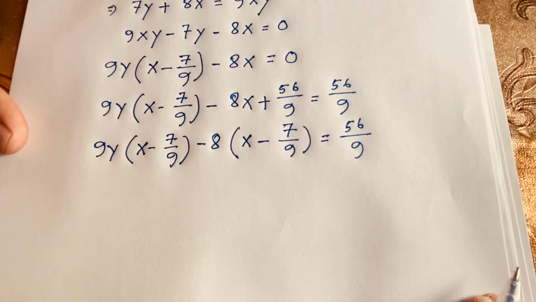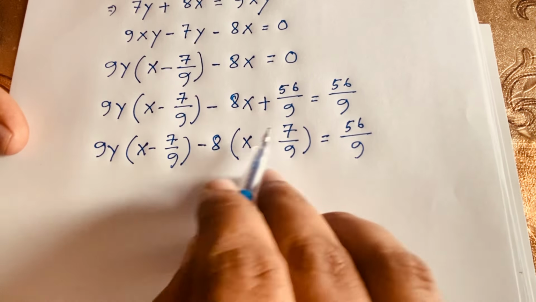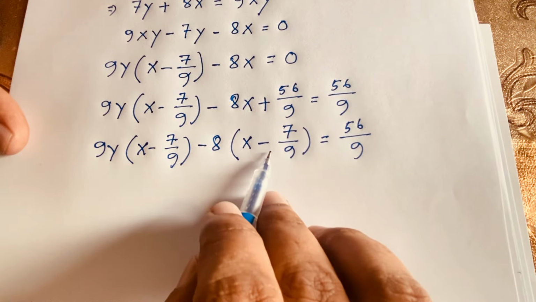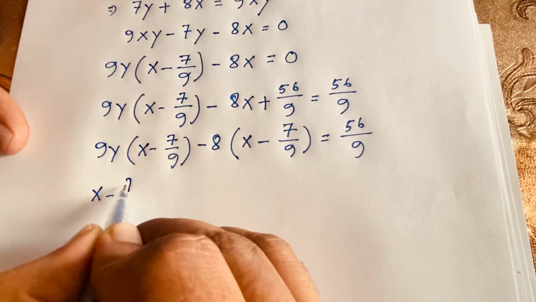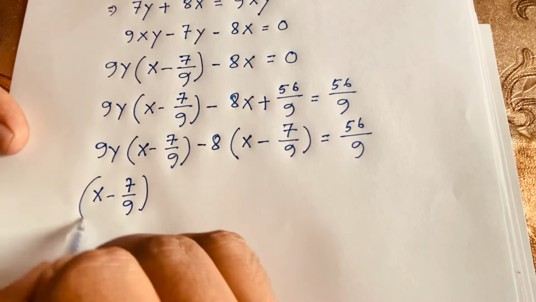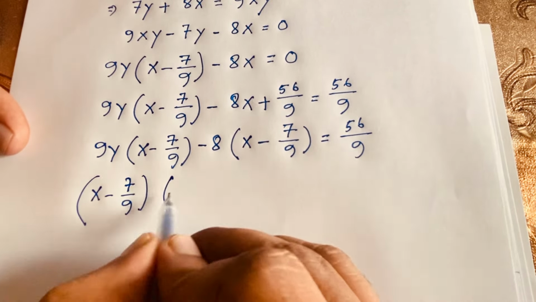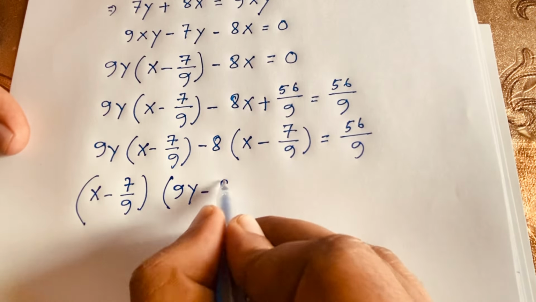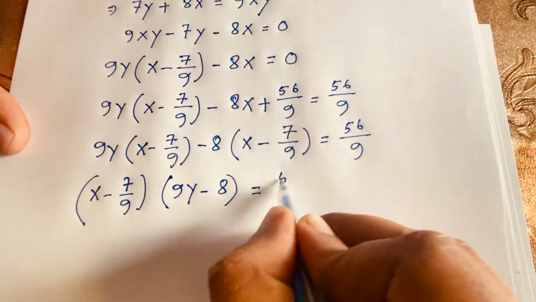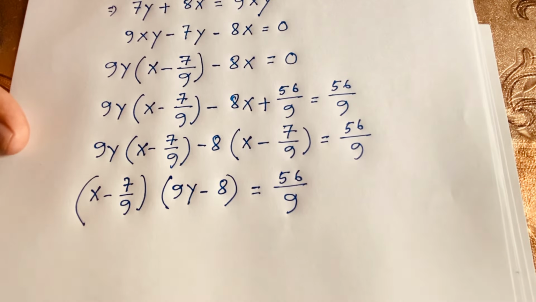Then you can see easily 7 over 9 is common, this and this factor are the same, so I can see easily x minus 7 over 9 is common, so this divide this, it will be 9y, this divide this, it will be 8 is equal to 56 over 9.